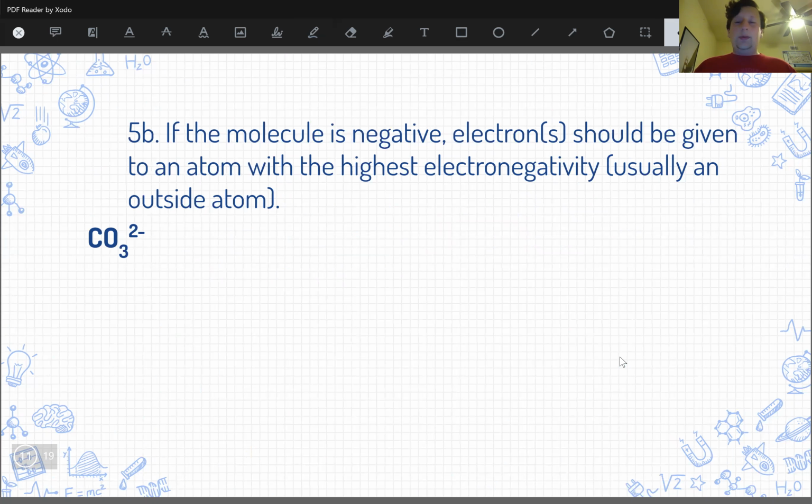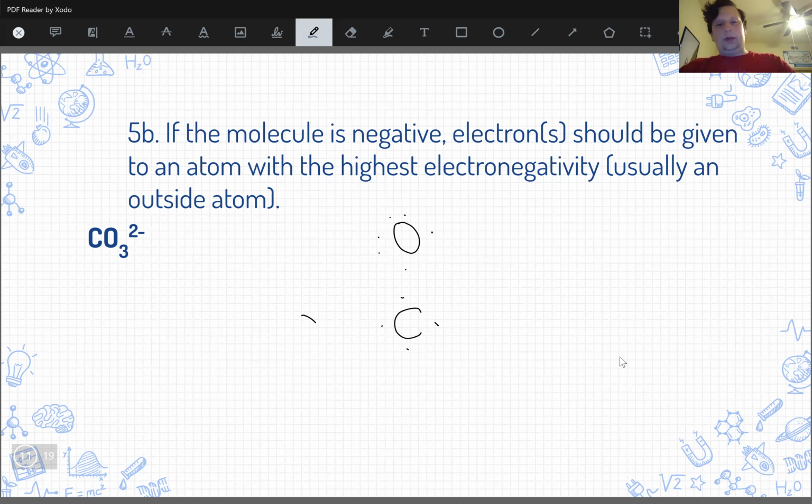Now, if the overall molecule is negative, electrons should be added to the atom with the highest electronegativity. And this is usually an atom on the outside, so not the central atom. In this case, we have CO3 with a 2 negative charge. We're going to leave carbon alone. We're going to leave one oxygen alone.